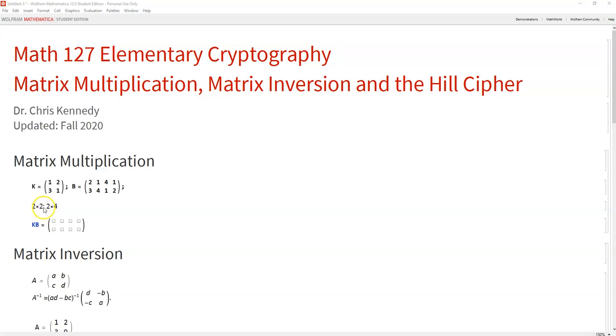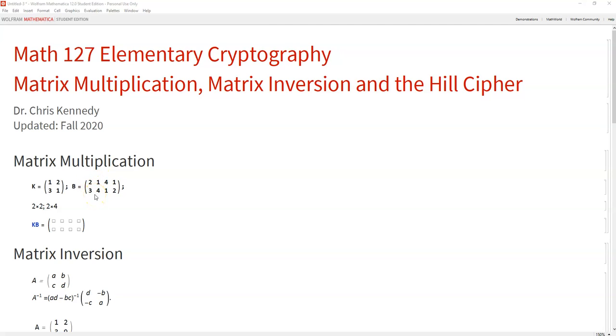Because I can multiply them, the outcome is determined by the external indices. So I'm going to get a 2x4 matrix when I multiply them. KB is going to be a 2x4 matrix, and I will fill in the entries as we go. The general principle is that we use the rows of the first matrix and the columns of the second matrix.